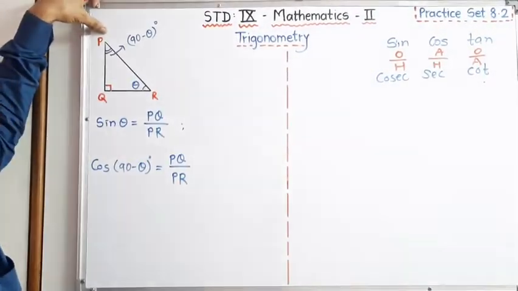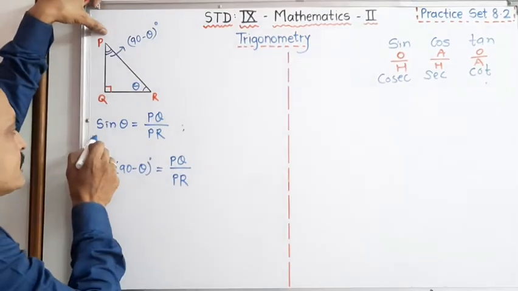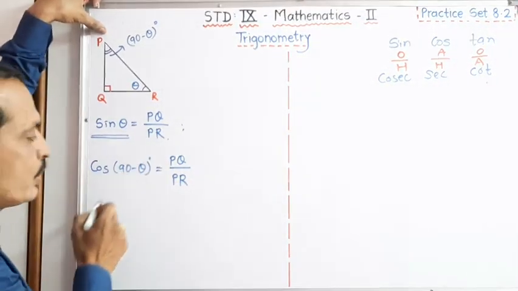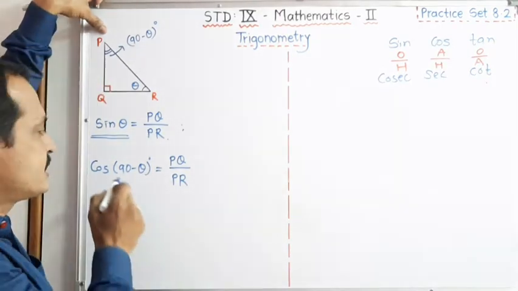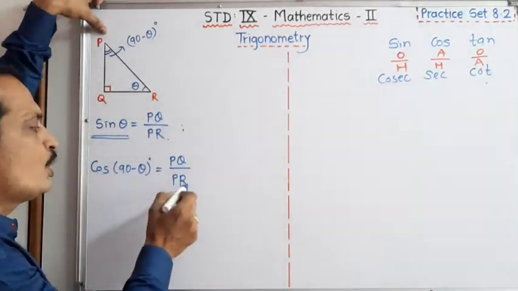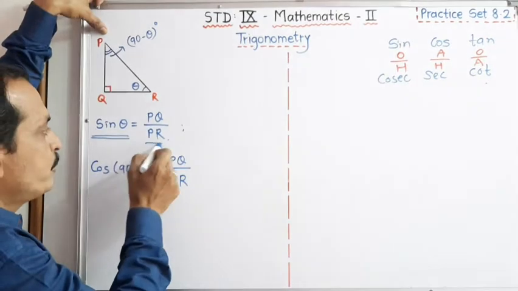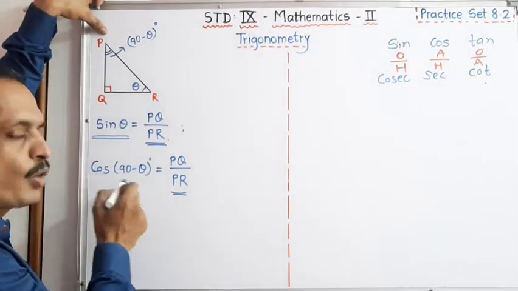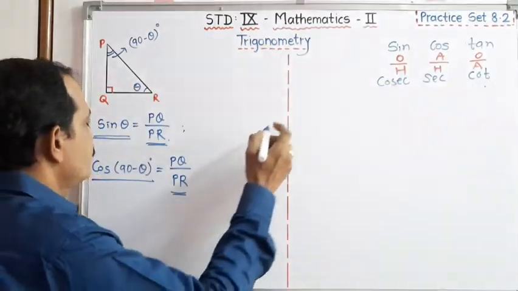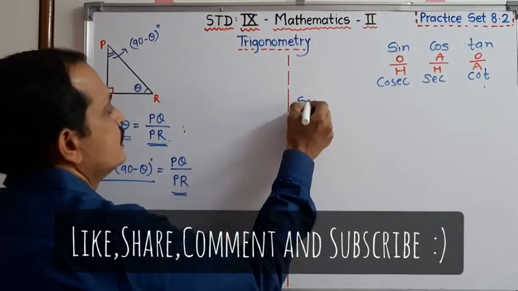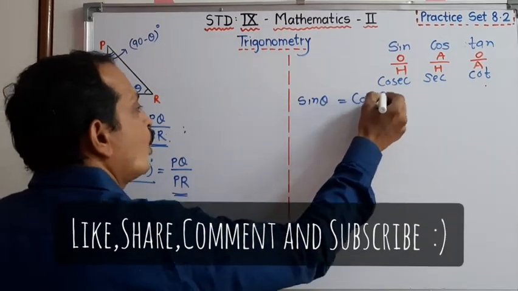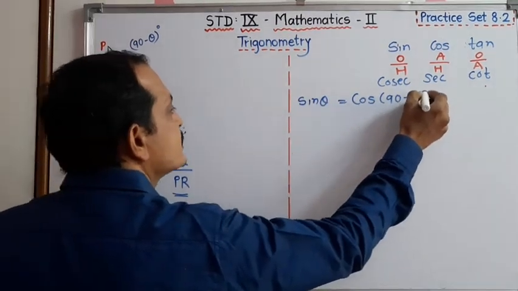Now dear student, observe here carefully. Sin theta is PQ upon PR and cos 90 minus theta is PQ upon PR. From this we can write, sin theta is equal to cos 90 minus theta.